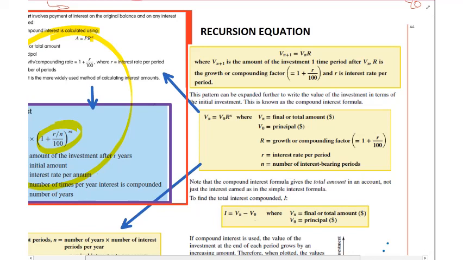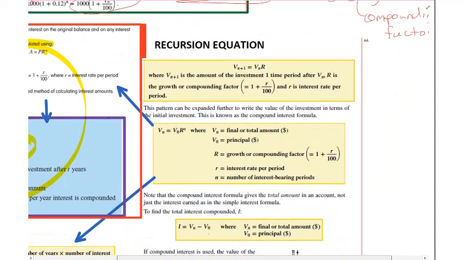Because it's going to be done in terms of a recursion equation, you're going to get a recursion relationship.